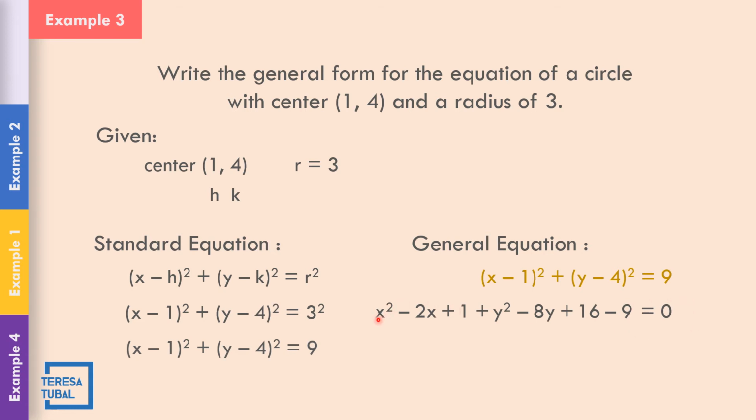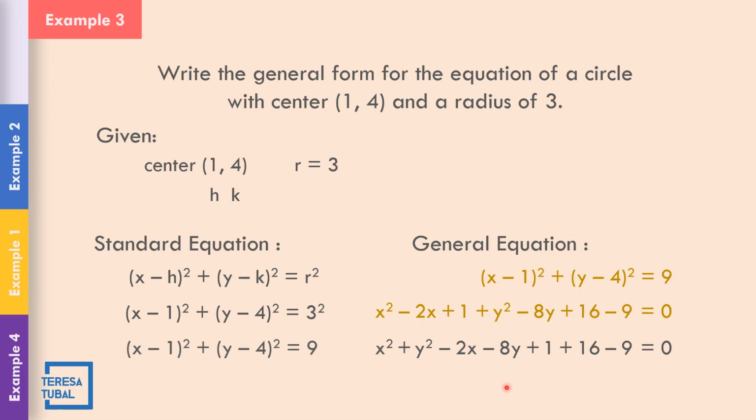So let us arrange into the general form of the equation of the circle. So copy x squared, copy y squared, copy negative 2x, copy negative 8y, and then bring down all the constants. So positive 1, positive 16, and then negative 9. So let us combine the numbers 1 plus 16 minus 9.